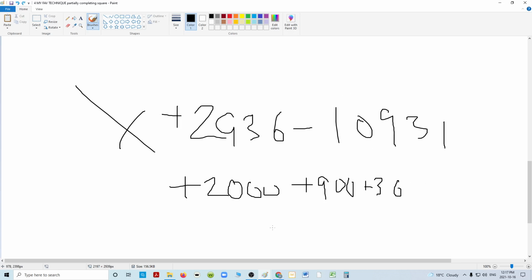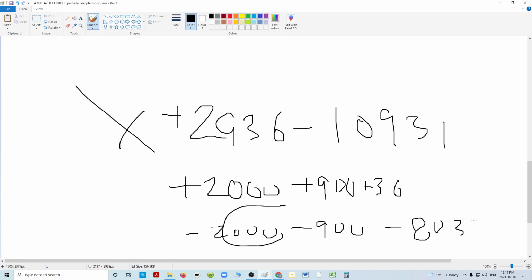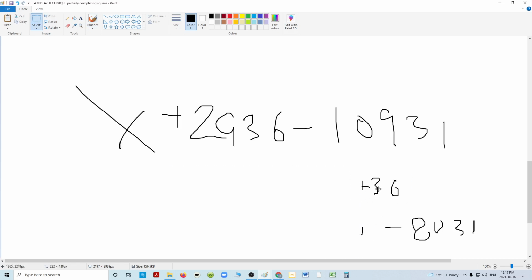I'm going to break this down on the next line. I'm going to leave this for now. I'm left with what's left if I take that and that away from that. I'm left with minus 8,031. Great. That means these will eliminate, and I'm just left with this.